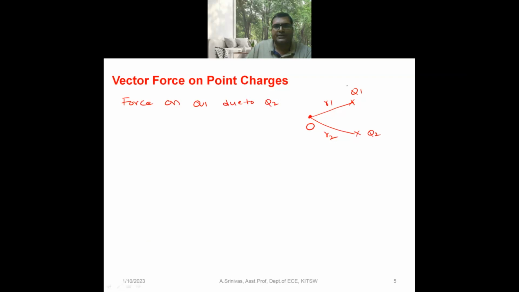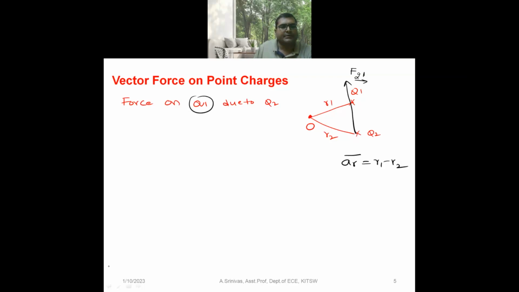The force on Q1 due to Q2 is in this direction, and we can represent it in this notation. The position vector in this direction is at the point where we require the force, which is Q1. So you can consider the position vector AR bar as R1 minus R2.